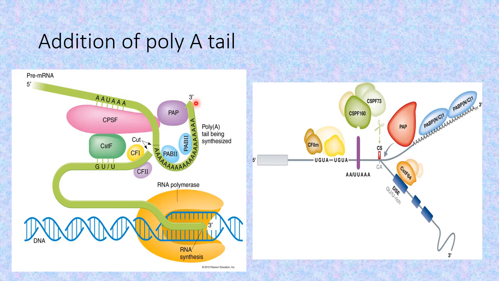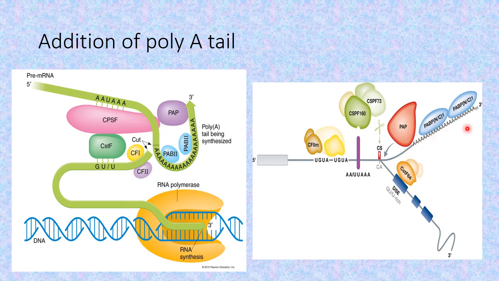As this tail is being formed, it has to be protected so that it does not form a double stranded structure with the existing poly U sequences on this messenger RNA that has been transcribed. So it is protected by single strand binding proteins, the poly A binding proteins, the nuclear version of these PABs.